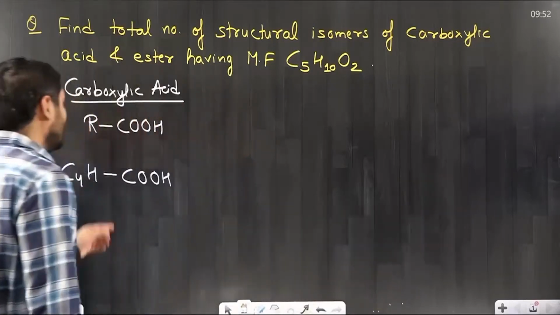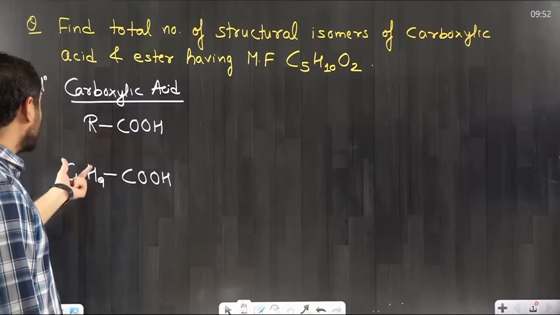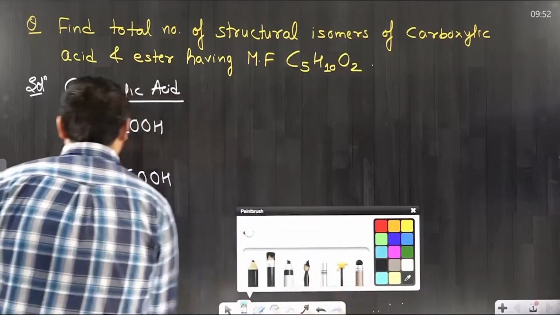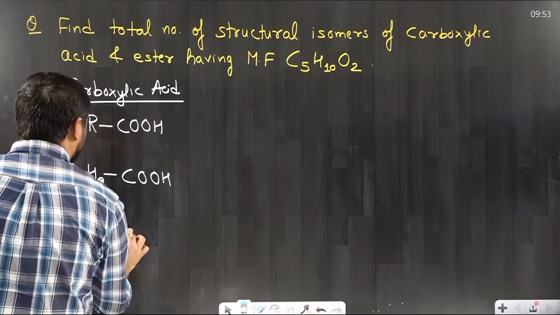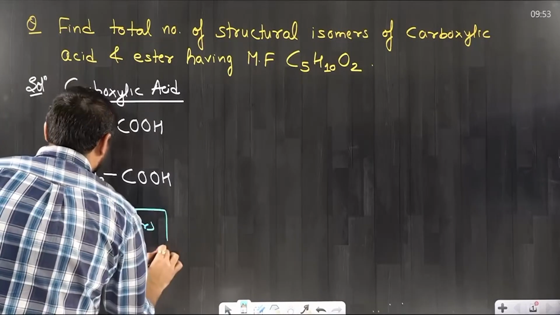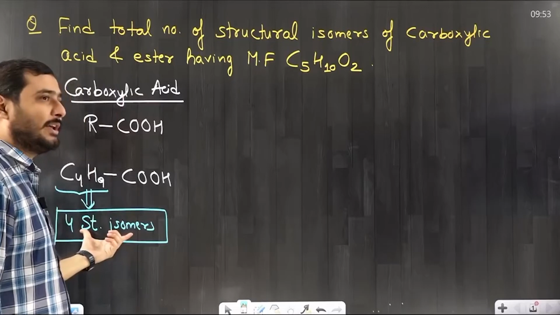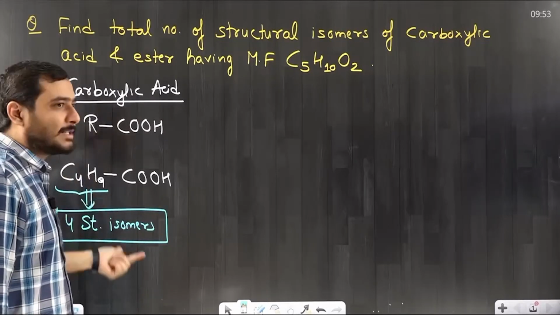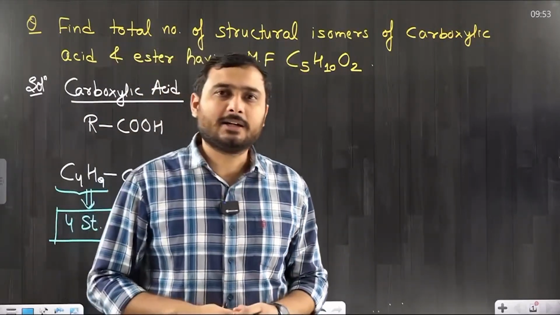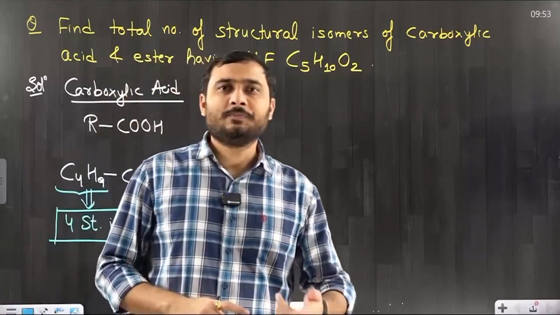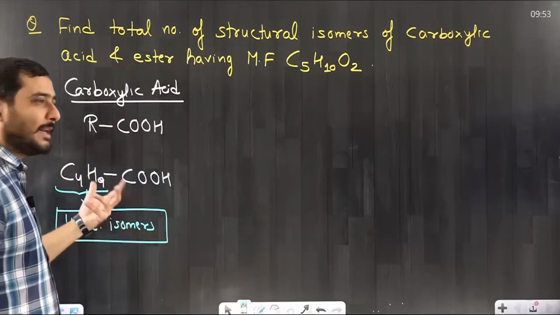So C4H9 has how many isomers possible? 4 structural isomers are possible for C4H9. Clear? So if they ask how many only carboxylic acid are present, carboxylic acid are only 4 isomers. Now in case of C4H9 butyl, there are 4 alkyl isomers: normal butyl, isobutyl, secondary butyl, and tertiary butyl. So 4 isomers of C4H9 butyl are possible.